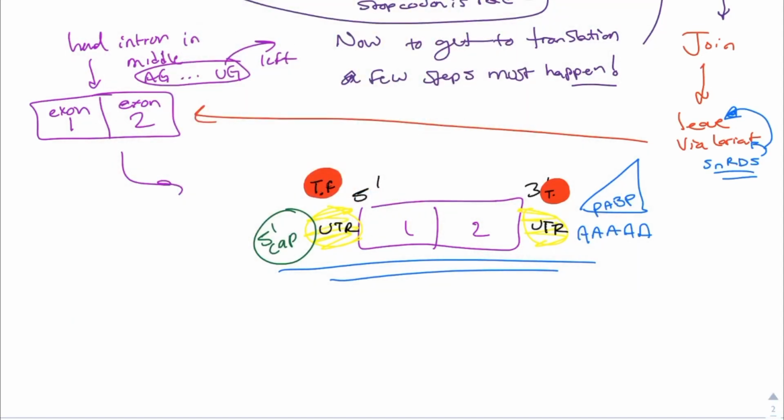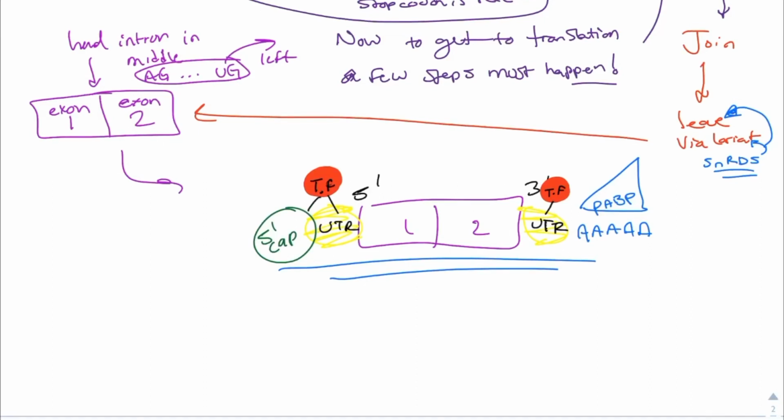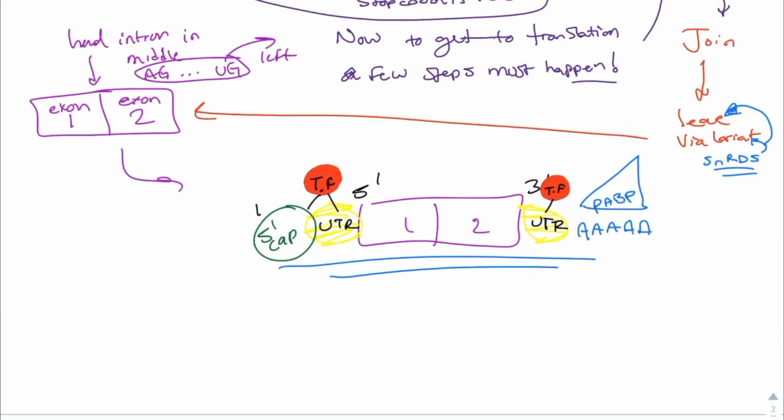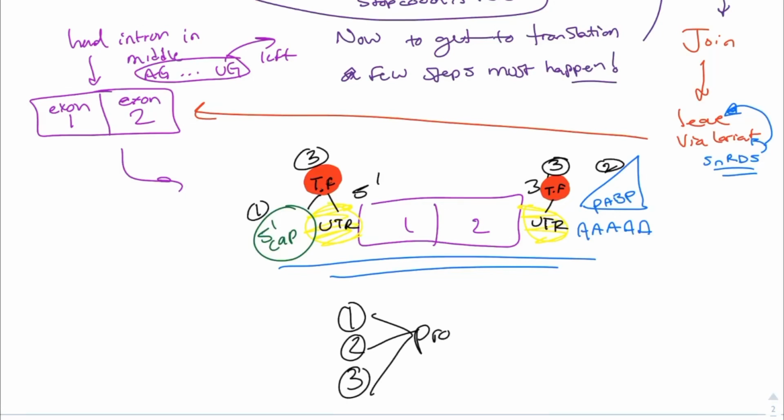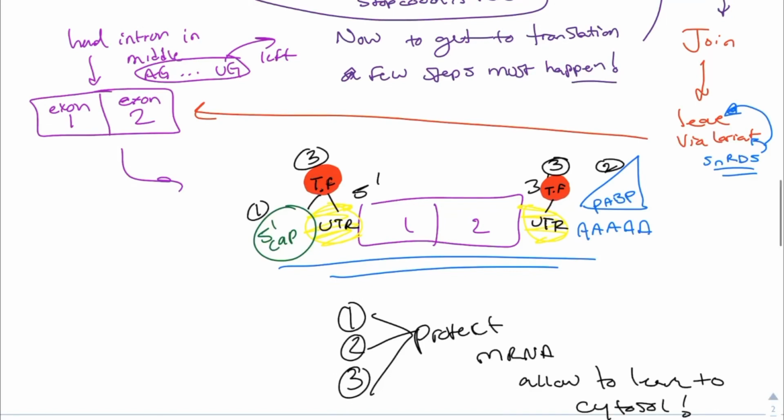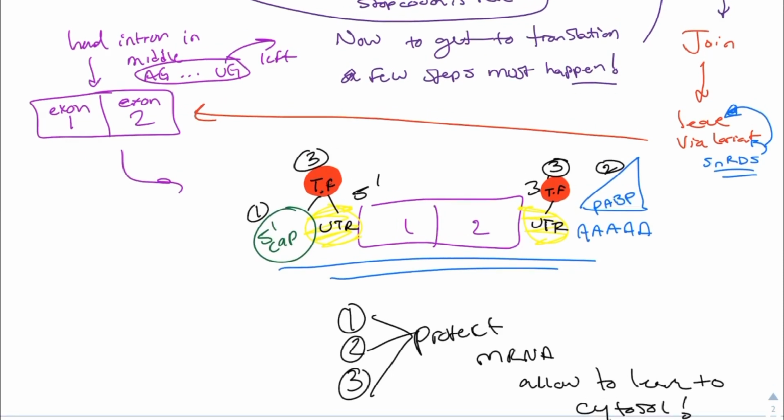So you got your transcription factors, and the transcription factors also help protect the RNA, and the transcription factors bind on the cap site, the UTR sites, and the UTR site on the 3' end. Now, the transcription factor on the 5' site is a little bit more important than the one on the 3' site, because it helps circularize the RNA, and this circularization is going to be important for when we get into translation.